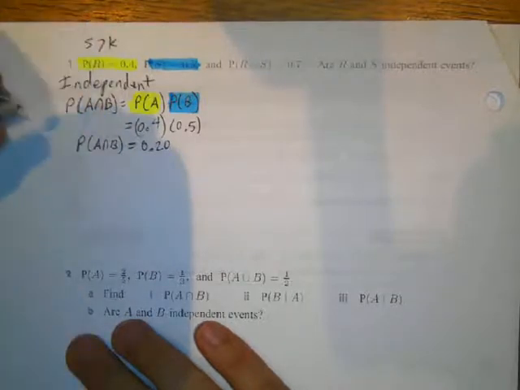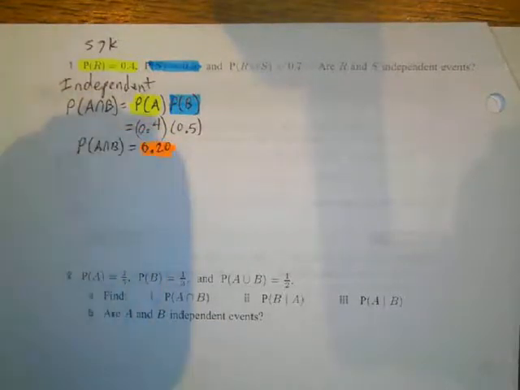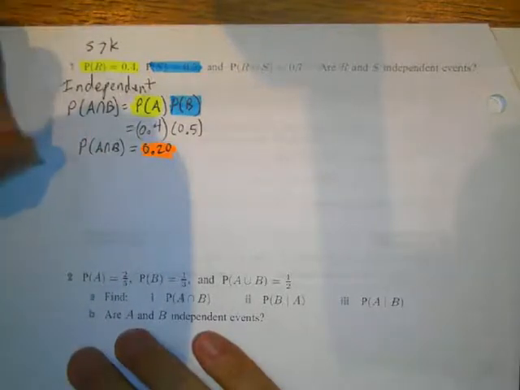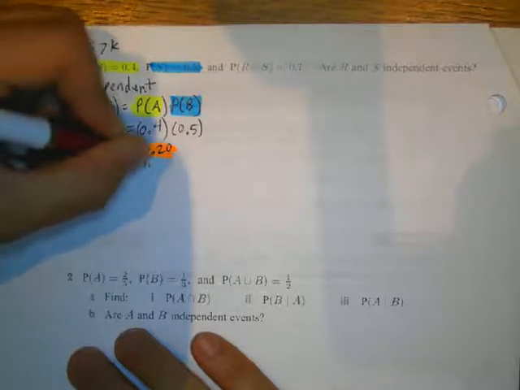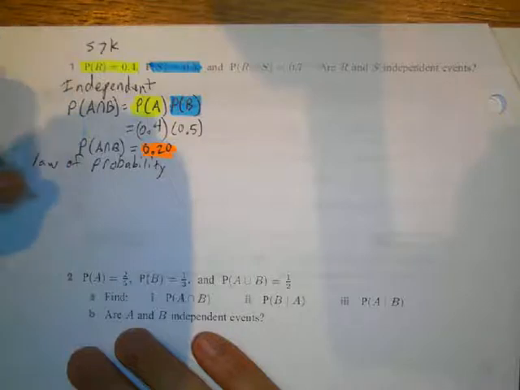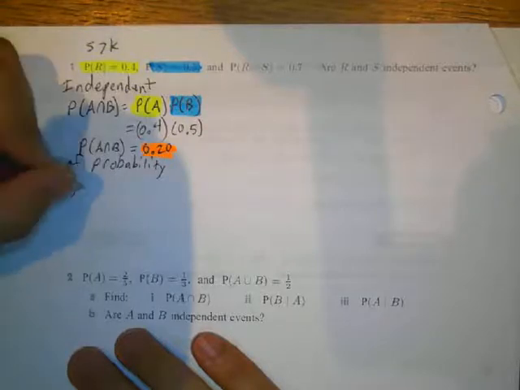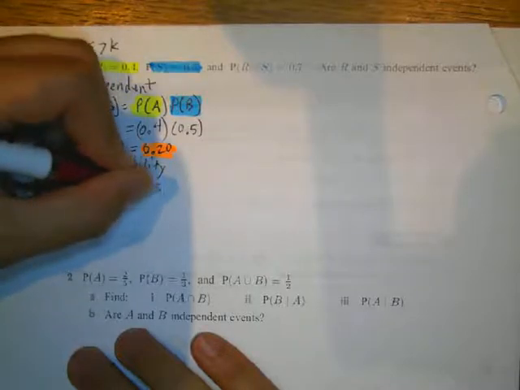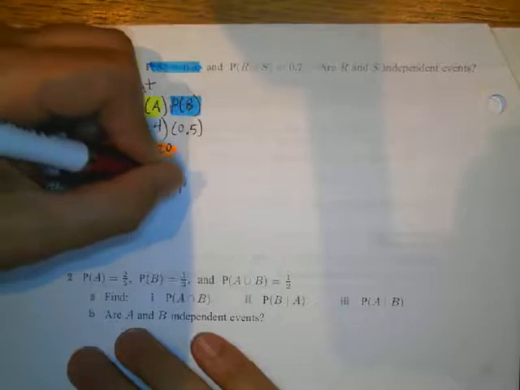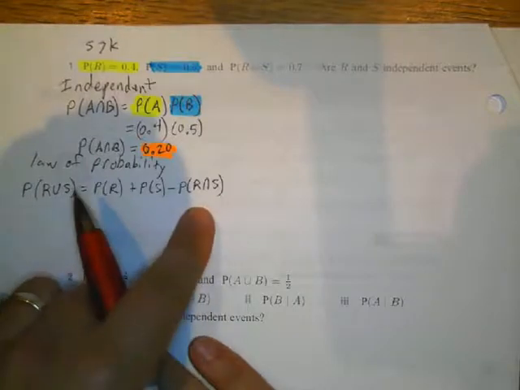Now, I'm going to color this orange. Okay. Now, the law of probability says that the R union S is the probability of R plus the probability of S minus the intersection, the probability of R intersection S, because we don't want to have the overlapping part counted twice.